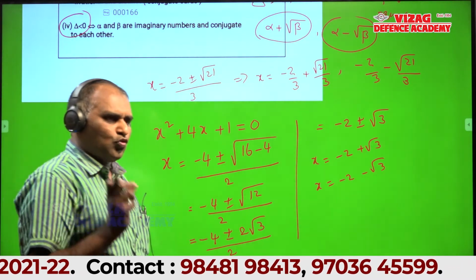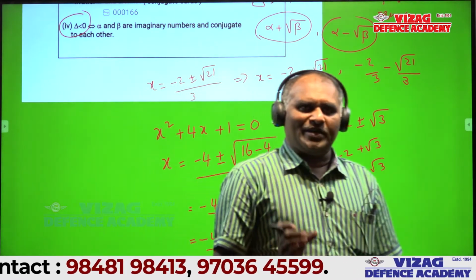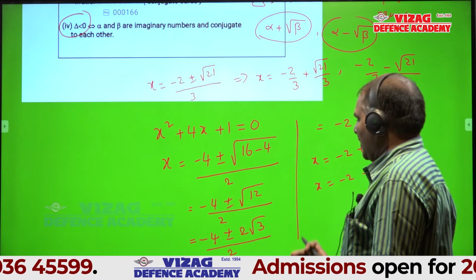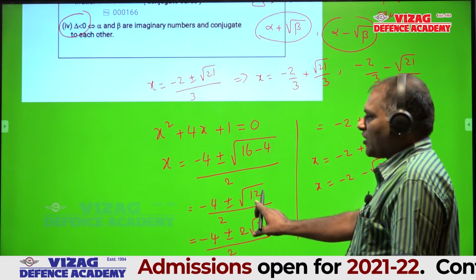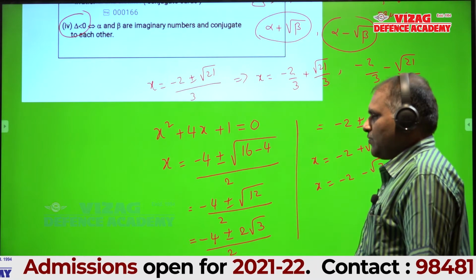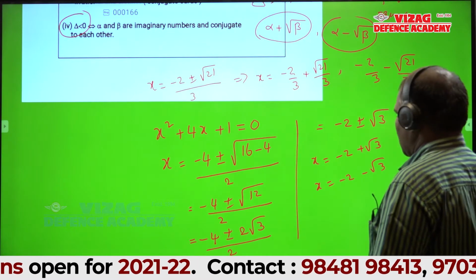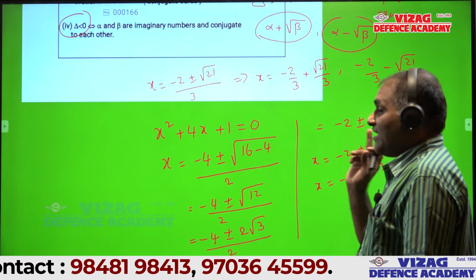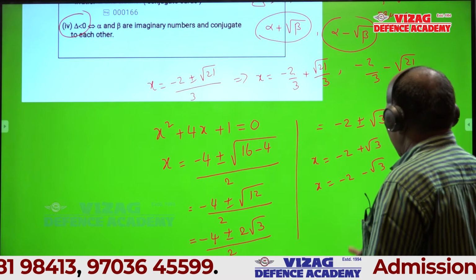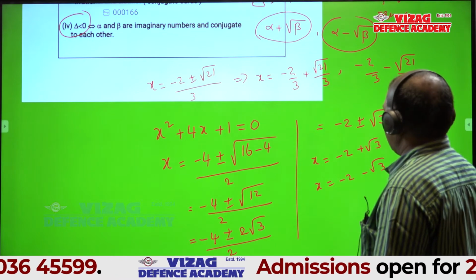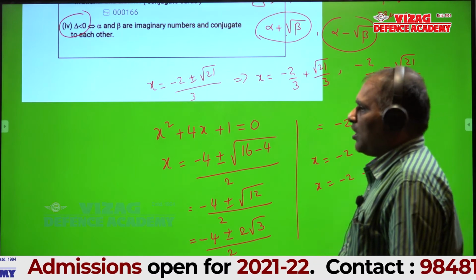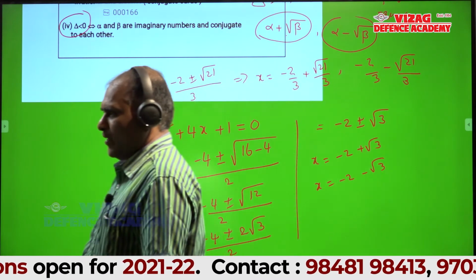Therefore, when roots are real, that means discriminant greater than 0 and discriminant not a perfect square, the roots are irrational. Irrational roots are in the form of alpha plus root beta and alpha minus root beta.